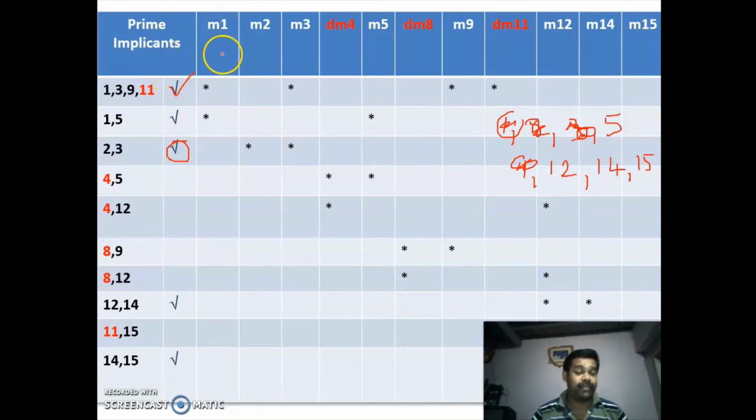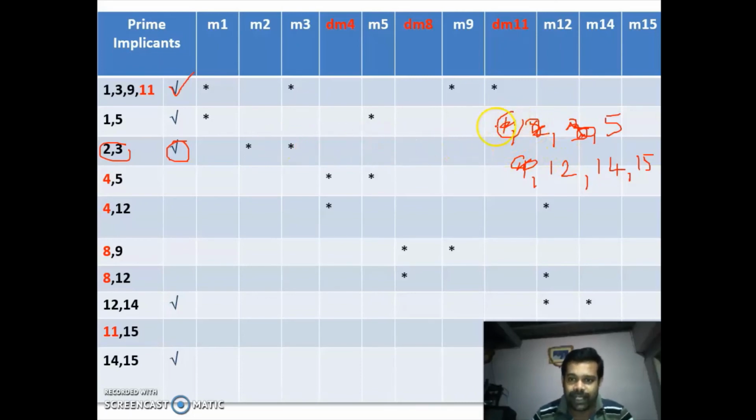Initially we checked for only one star and we got only the 2 3 pair, which we have ticked. But our aim is that all the min terms given in the question must get grouped. So we are going for the grouping of these min terms.